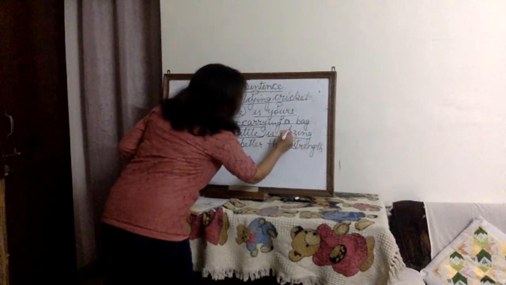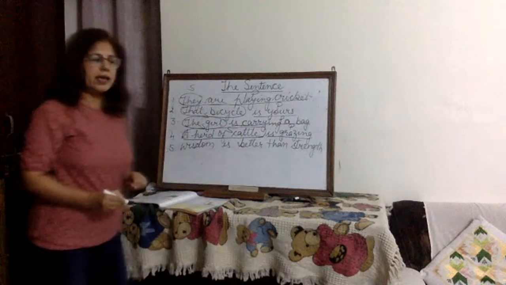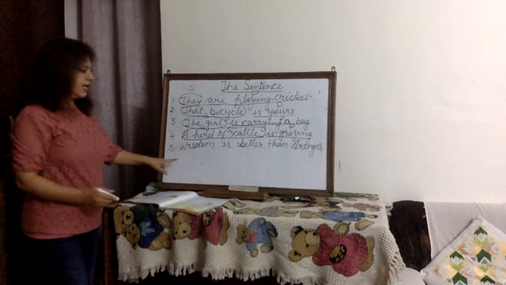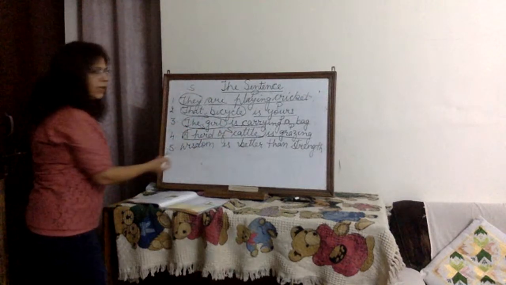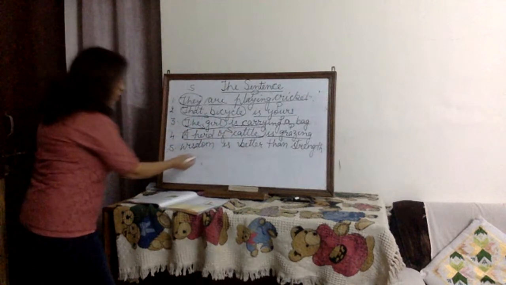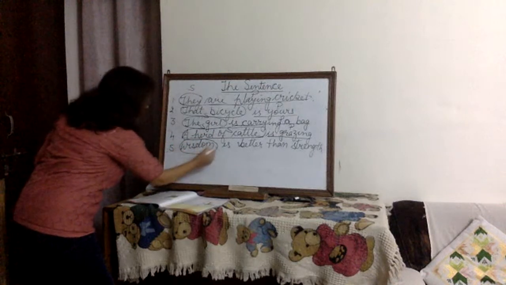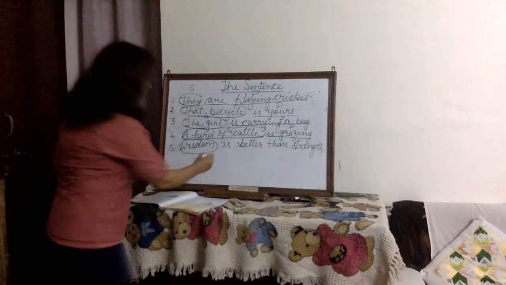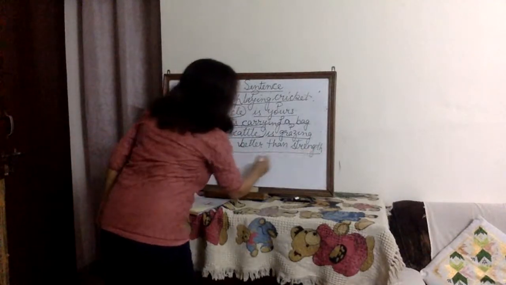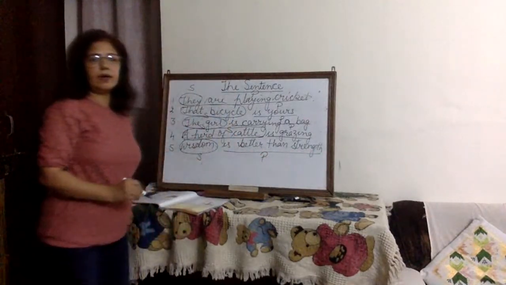So is grazing is doing part, predicate. Last sentence, wisdom is better than strength. We are talking about wisdom. So wisdom is subject. And what description is given for wisdom? Is better than strength. So this is predicate.